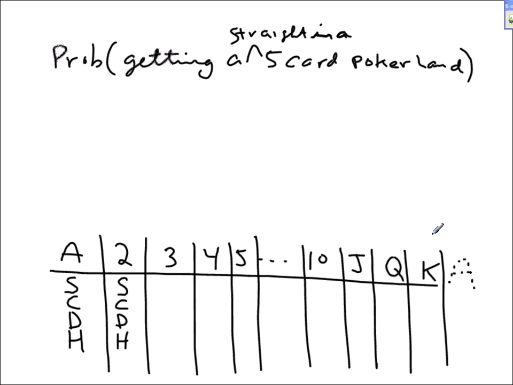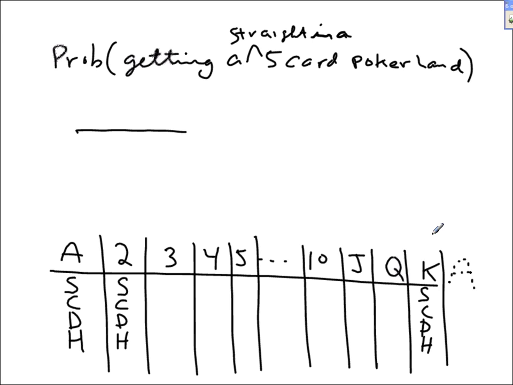All the way down to the king of spades, the king of clubs, the king of diamonds, the king of hearts. 13 times 4 is 52 cards. There are 52 cards. So in the bottom, I'm going to put the total number of possible outcomes.